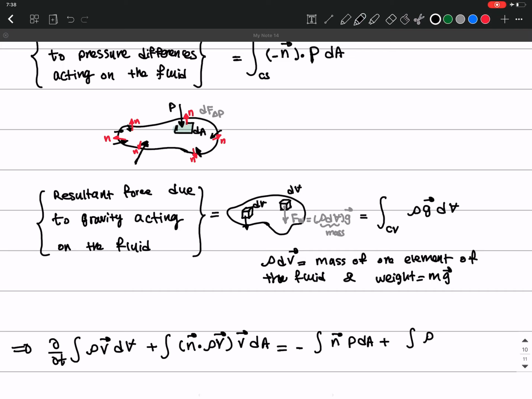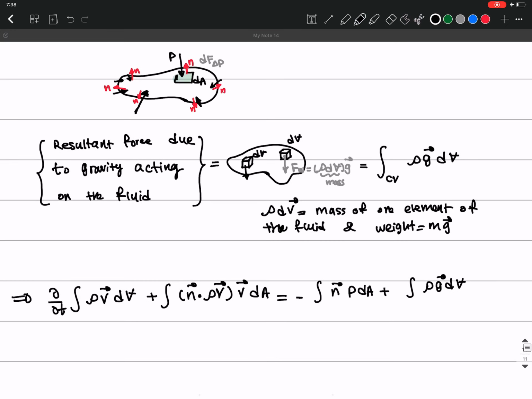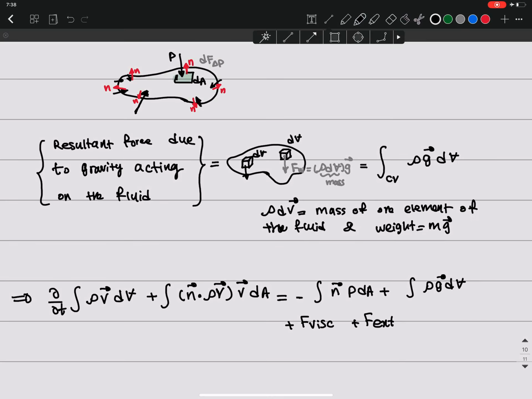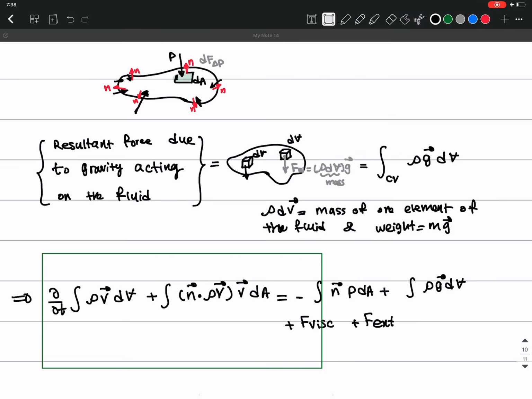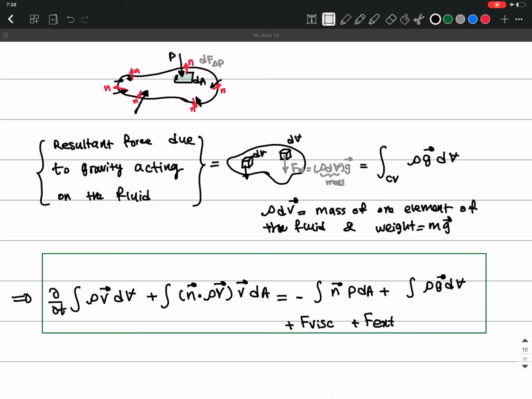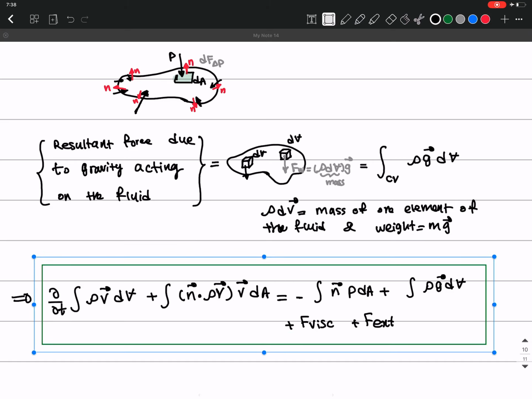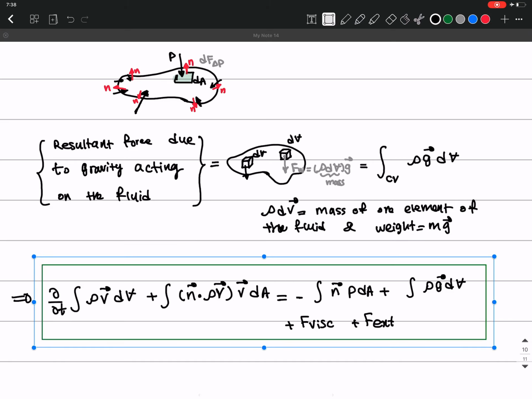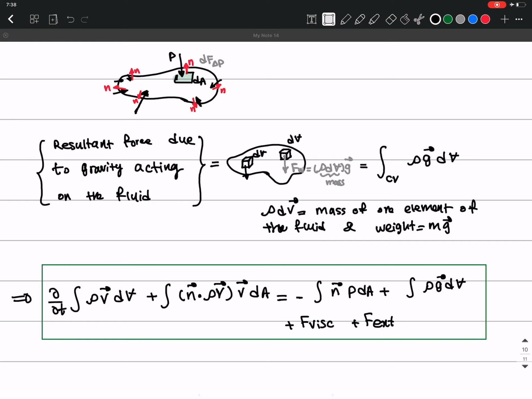So it's going to be rho g dV, and then we have other terms like viscosity plus external forces. So this is going to be the momentum equation in integral form.